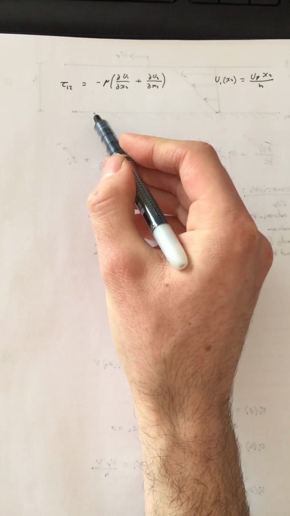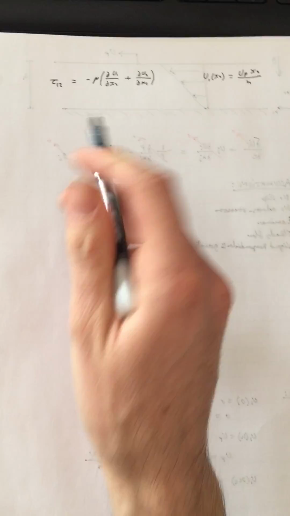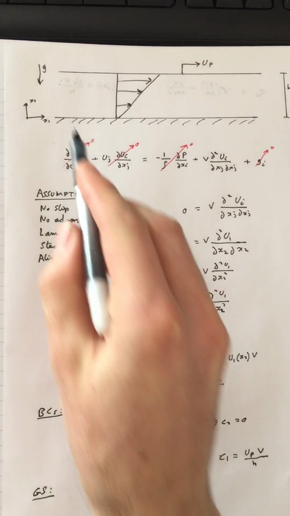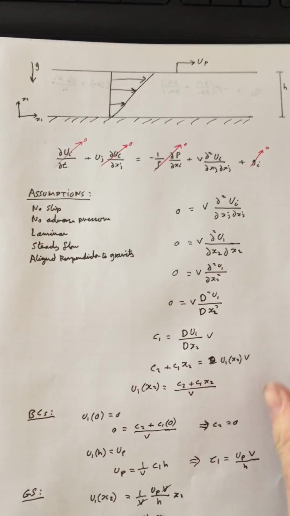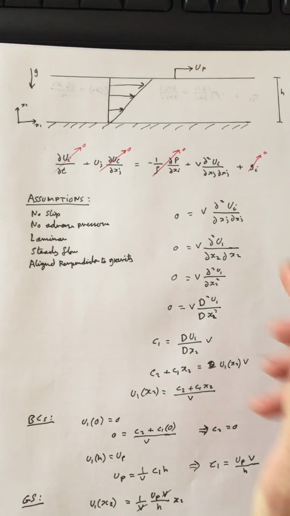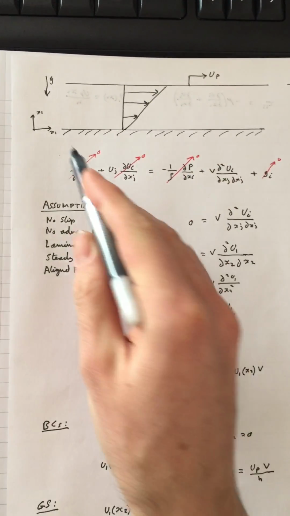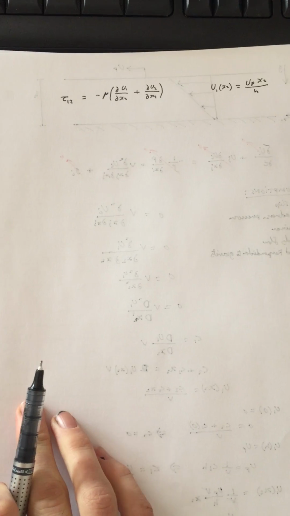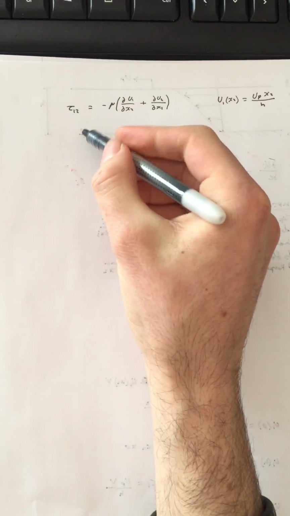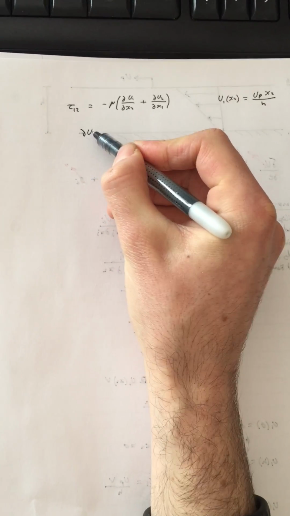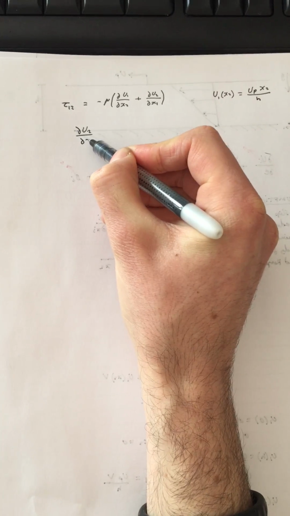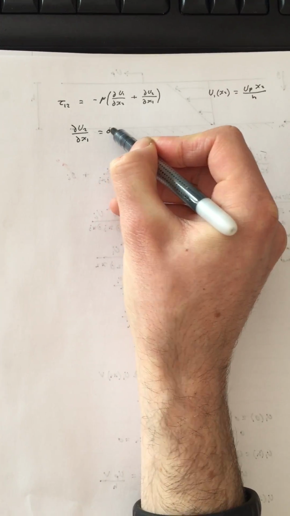Now, as we mentioned in the last video, the flow is only flowing in the x1 direction with respect to x2. There's no vertical flow. So that means the partial derivative of u2 with respect to x1 is equal to 0.